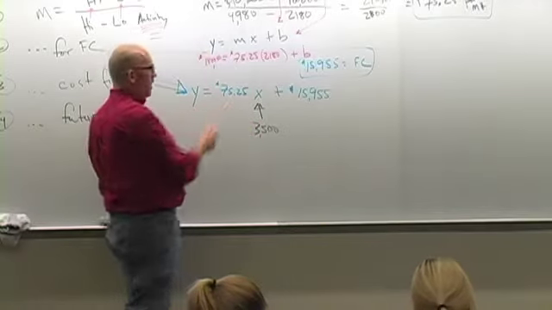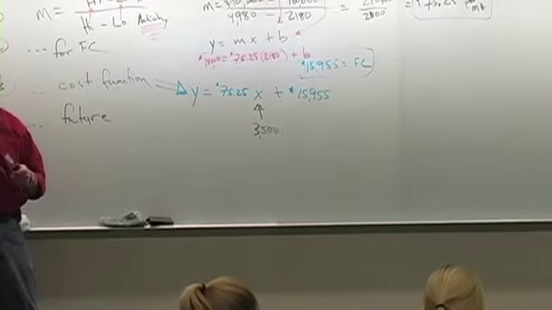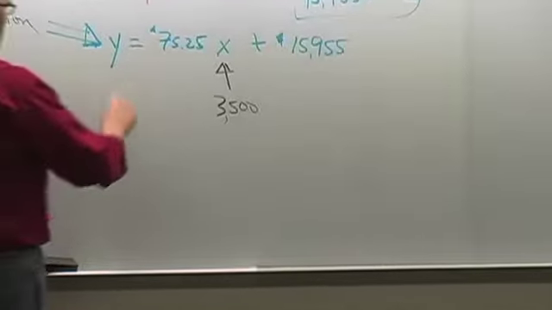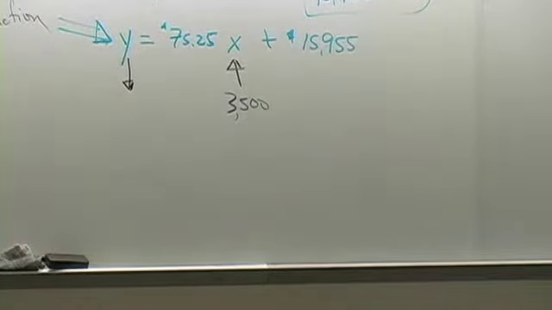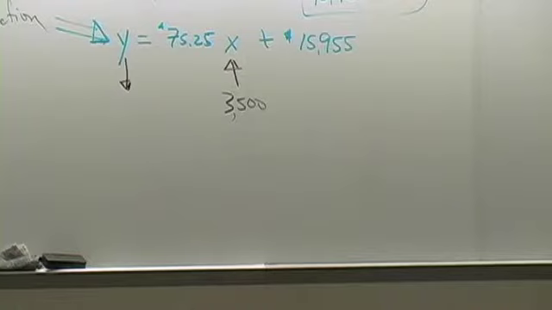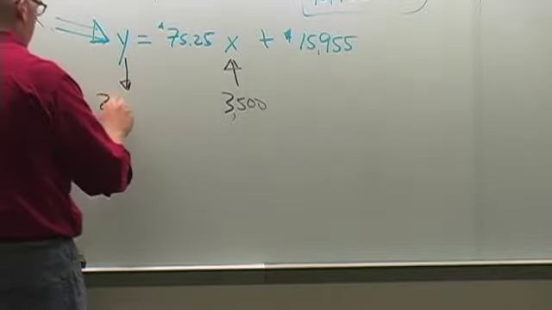So we plug in 3,500 for X. We are now predicting the future. What will Y be? Chance, here's looking at you. 279,330.